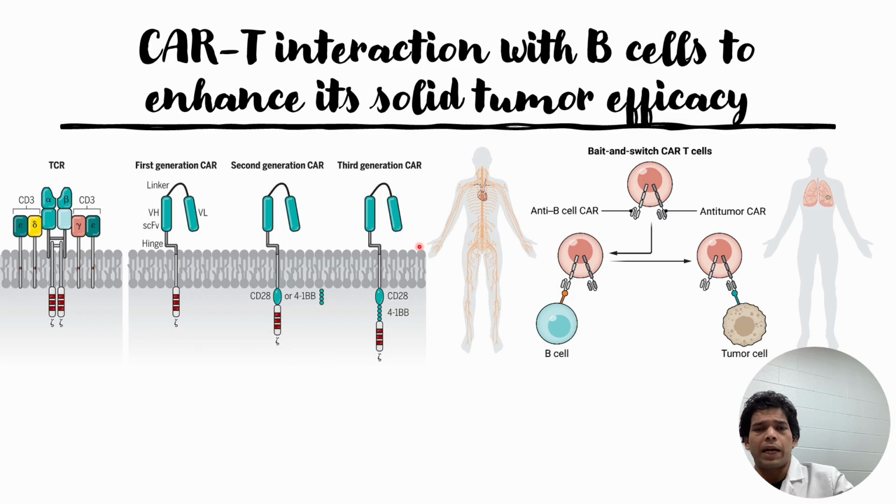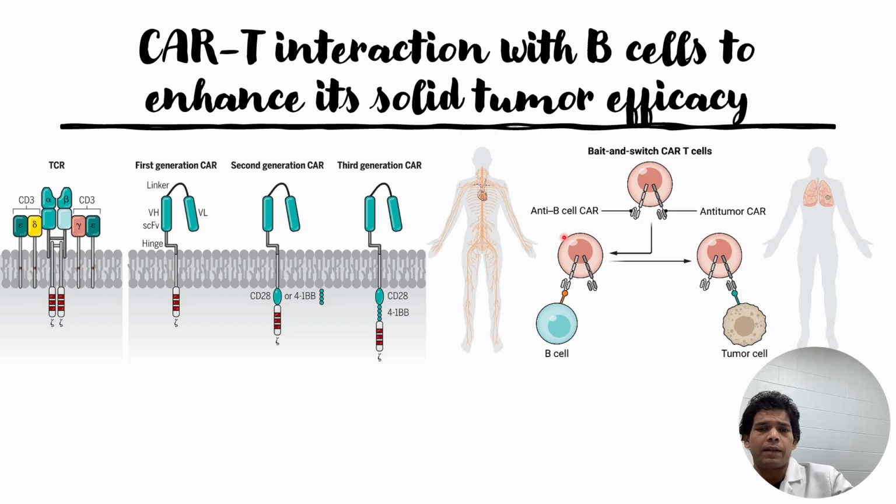Now let us come to the idea that is presented in this paper, which they call bait and switch CAR T cells. In this case, what they are suggesting is to transduce the same T cells with two different CARs. One CAR has an antigen to detect these B cells, and another CAR has an antigen against the tumors, which they call the anti-tumor CAR, and the other they call the anti-B cell CAR.